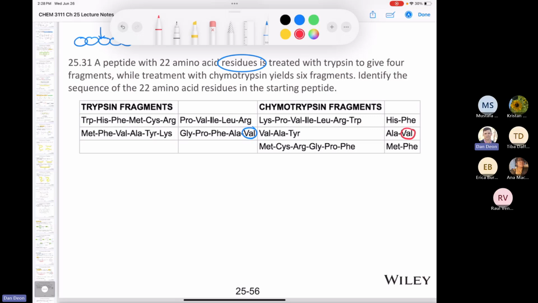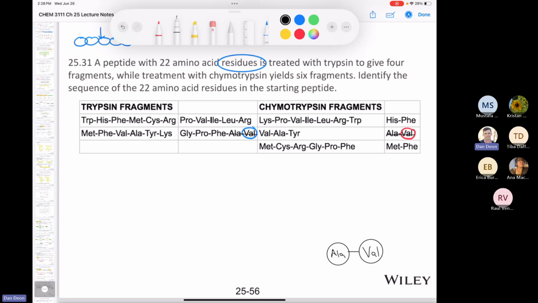And then what we're going to do is take the fragments from both of these, and we're going to go backwards. Since the valine is the C terminus, I'm going to start down here in the bottom right-hand corner, and I'm going to say valine. That is appended to an alanine. So I've got my alanine here, and I can cross these two off.